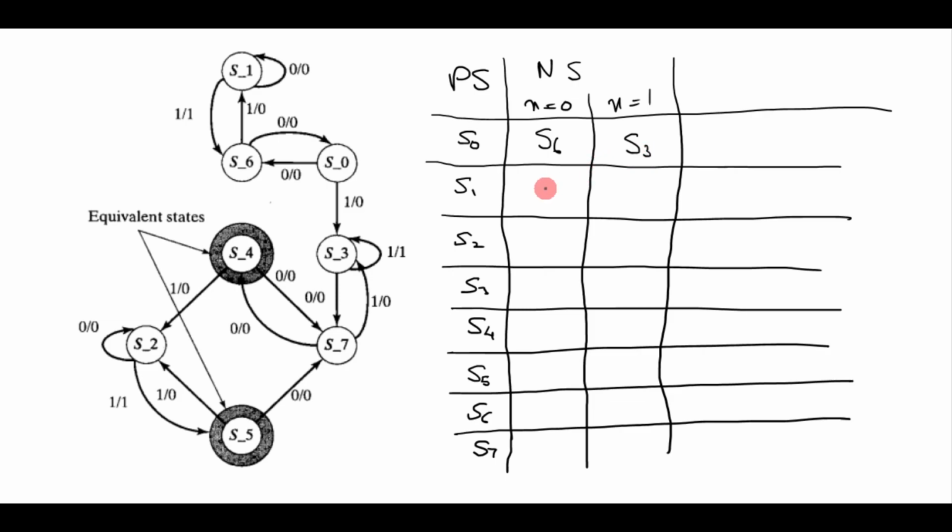Similarly, we can fill the remaining entries of this state transition table. This is S3, S4, this is S7, S2, S7, this is S2, this is S0, this is S1, this is S4, this is S3.